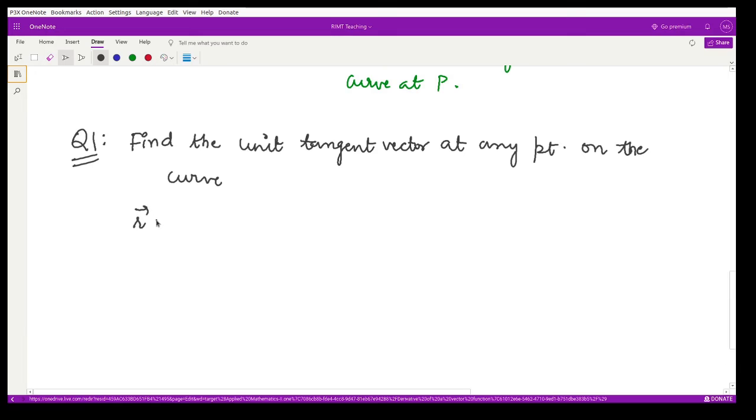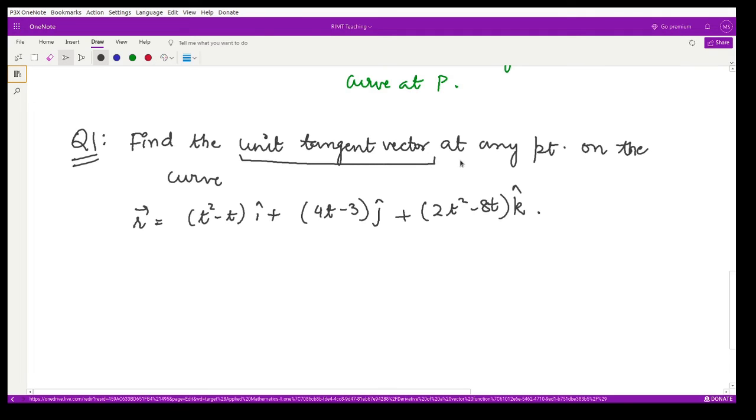So the curve is given to you, vector r, that is equal to t square minus t i cap plus 4t minus 3 j cap plus 2t square minus 8t k cap. This is given to you. You have to find the unit tangent vector at any point on this curve.